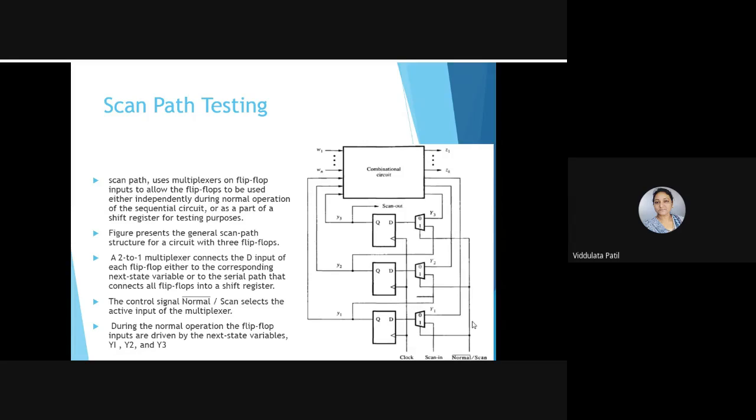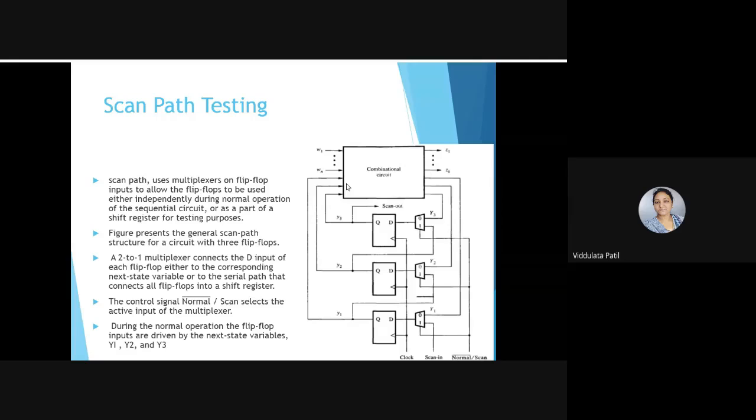But when this control signal is active, the previous outputs will be connected to the D flip-flops. Now here you can see the circuit connections.